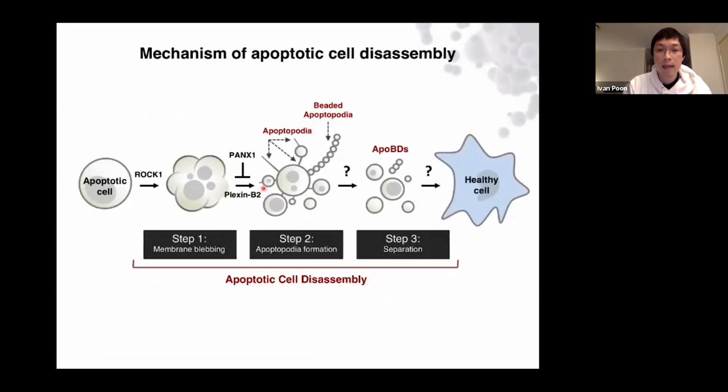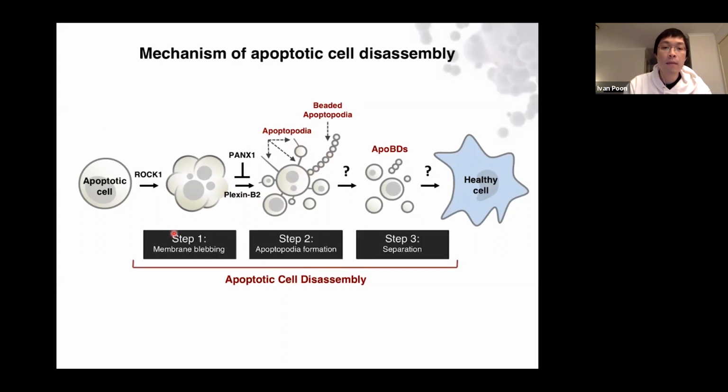So putting this together, we've identified pannexin 1 as a key negative regulator of cell disassembly by regulating the formation of apoptopodia. We also find that plexin B2 is a regulator of beaded apoptopodia, but it's probably more limited to certain cell types that do form that type of protrusion.